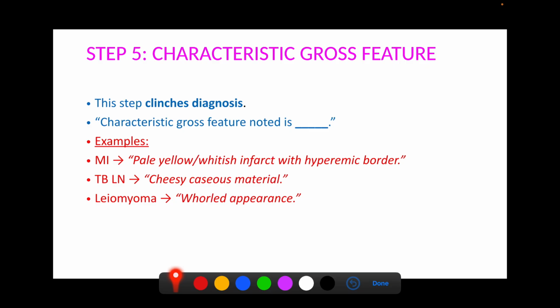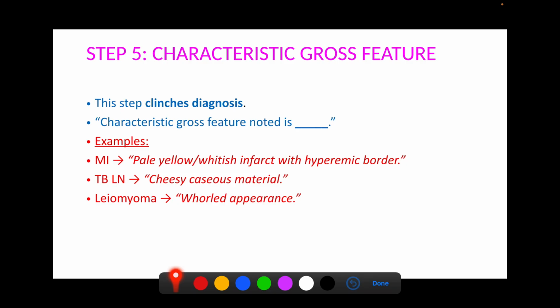Now step 5, characteristic gross features. So already you have seen the cut surface properly. Now this step clinches the diagnosis. So the characteristic gross features noted. For example, for myocardial infarction, if healed MI is there, you will see either pale yellow or whitish infarct with hyperemic border.